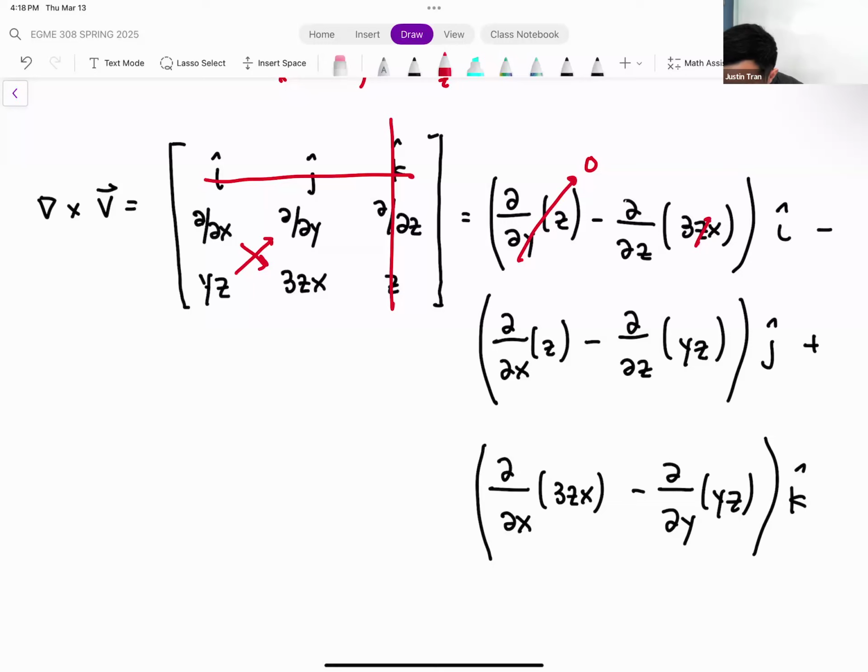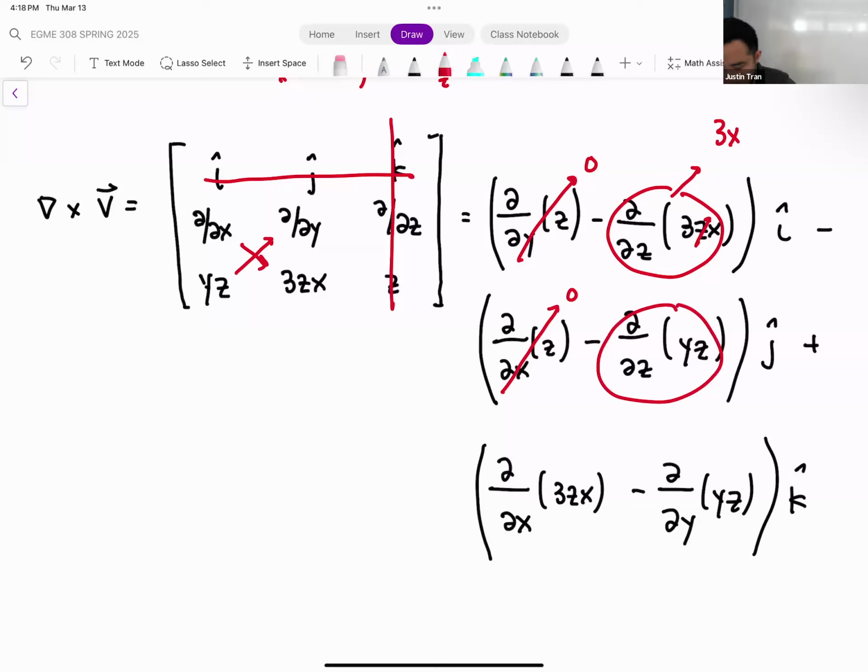Here we have a z, and so this entire expression becomes 3x after taking the derivative with respect to z. Next, we have partial x of the function z. This is not a function of x, so that just goes away. Next, we have partial z of yz, so the z goes away, and we end up with just y.